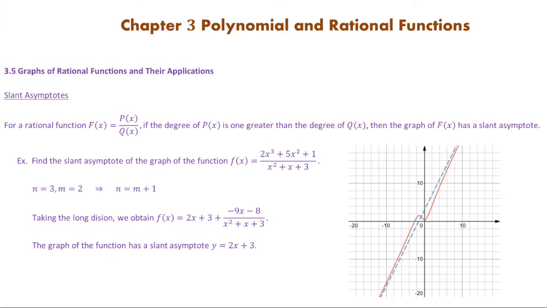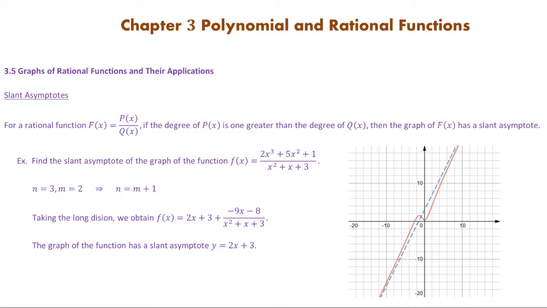We see 2x cubed has the highest power on top, so the degree of the top polynomial is 3, x cubed. Similarly, the bottom polynomial x squared plus x plus 3 has degree 2, x squared.